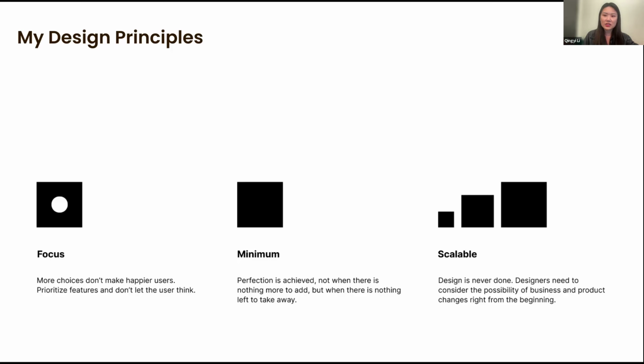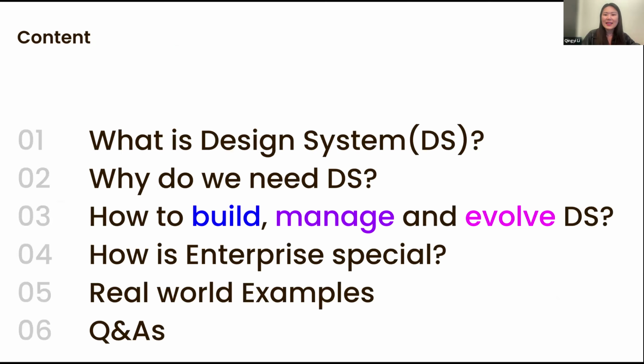Perfection is achieved when there's nothing to take away. And finally, scalable means that the solution should have room to grow and be sustainable in the long run. These principles shape how I think about systems, and it's also a big reason why I got into design system in the first place. So that's a bit about me.